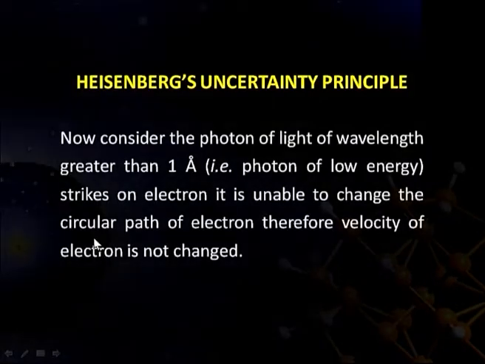by means of microscope. Now consider the photon of light of wavelength greater than 1 angstrom, that is photon of low energy, strikes on electron. It is unable to change the circular path of the electron, therefore velocity of electron is not changed.